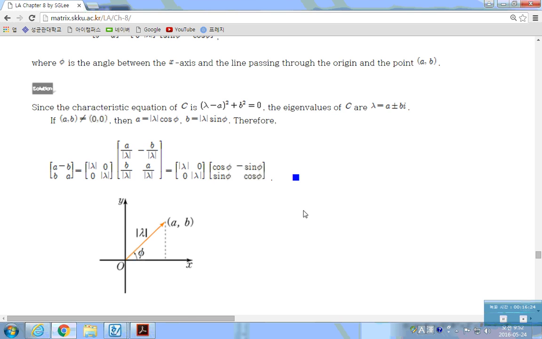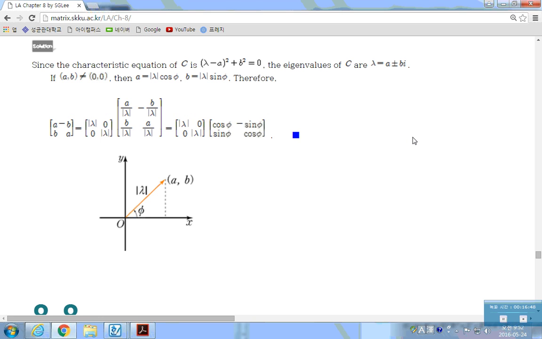As I said on the board, this matrix can be diagonalized with the diagonal matrix whose main diagonal entries are A plus BI and A minus BI.